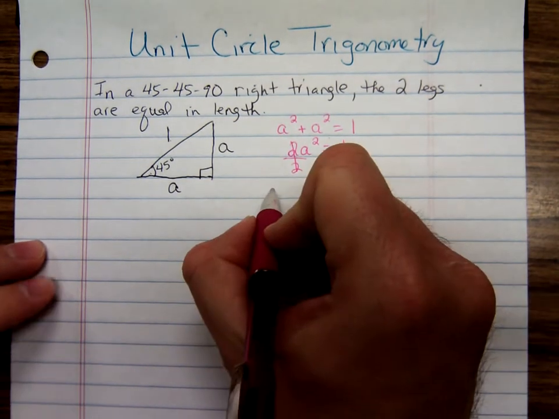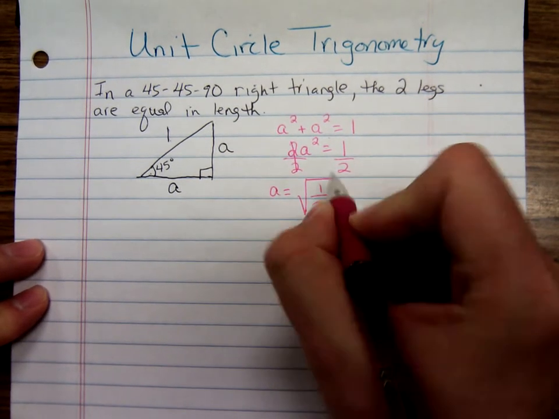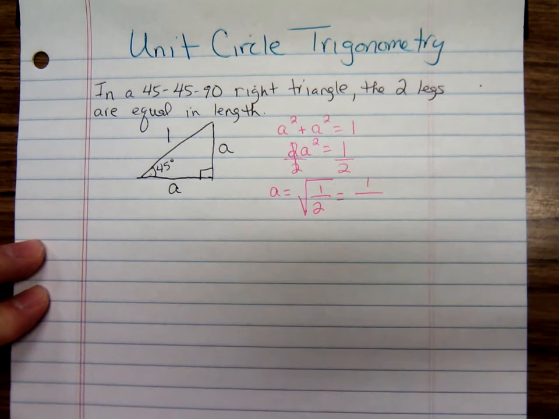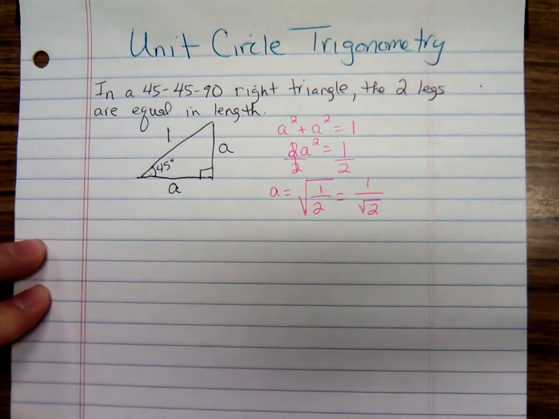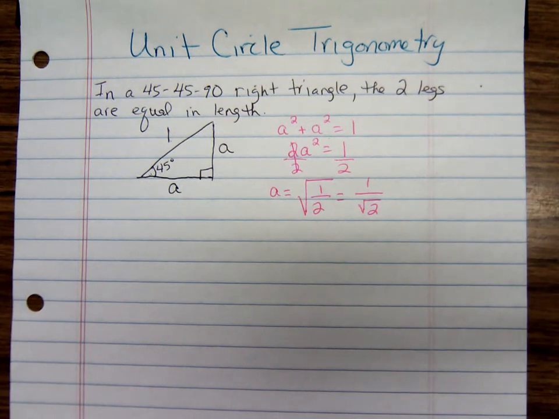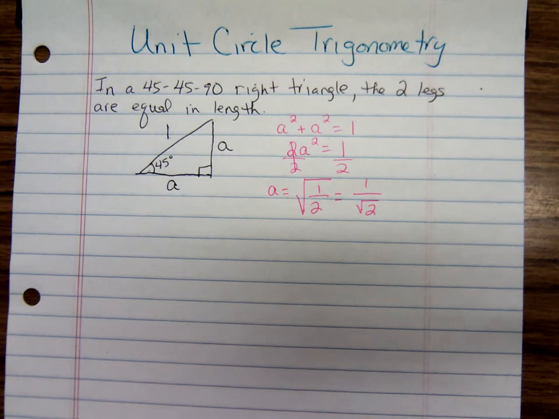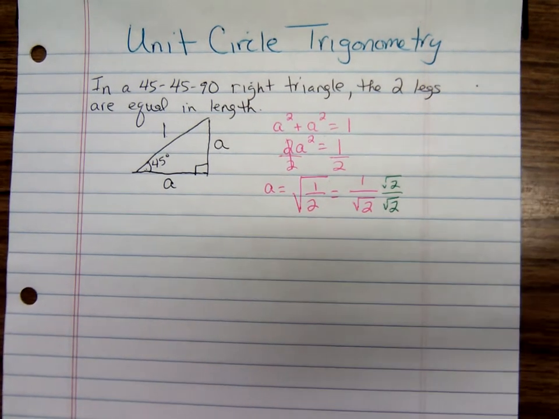And now let's take a square root. The square root of 1/2, or the square root of 1 is 1, the square root of 2 is square root of 2. When we have a square root in the bottom, we normally rationalize those denominators. So I'll multiply above and below by another square root of 2. So we get, what is that going to be?